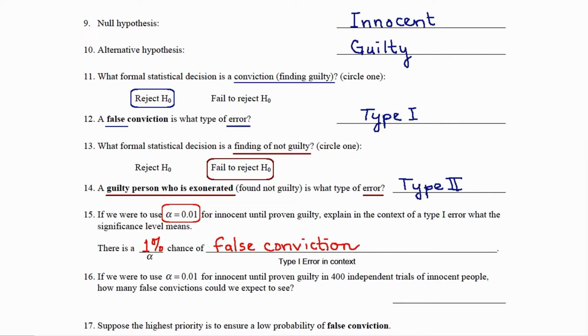So if we were to do this in 400 independent trials of innocent people, we would expect to see 1% of those 400 come out as false convictions.